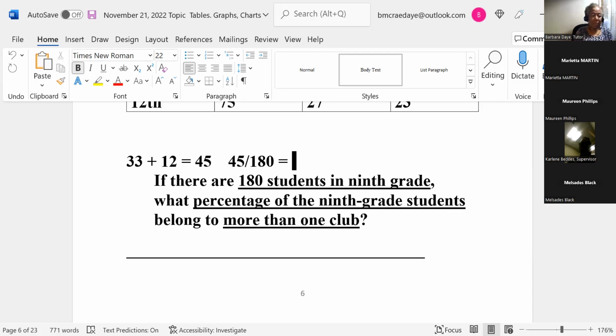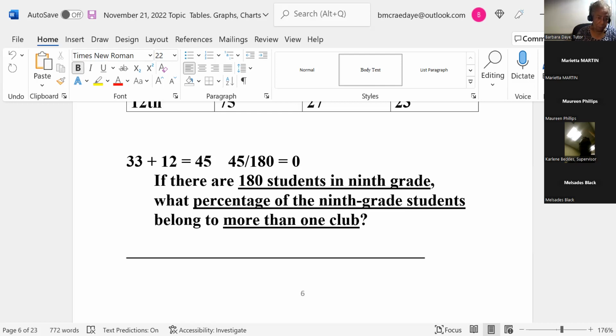Okay, 45 divided by 180. 1.25 is the decimal. Yeah, 45 divided by 180. I got 0.25. That's the answer. Marietta, you're right. Maureen, how did you get 1.25?